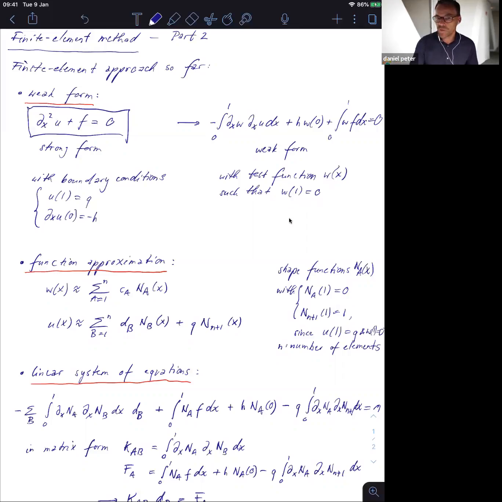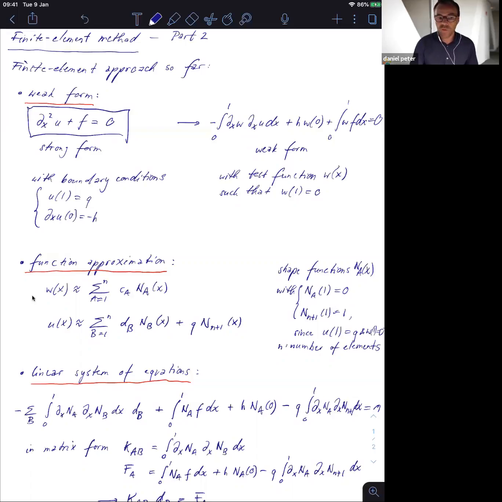That's due to the boundaries, and so the boundary term at boundary 1 vanishes. Now we have the weak form which we need to solve with the finite element approach. Good. So the next step is the function approximation.